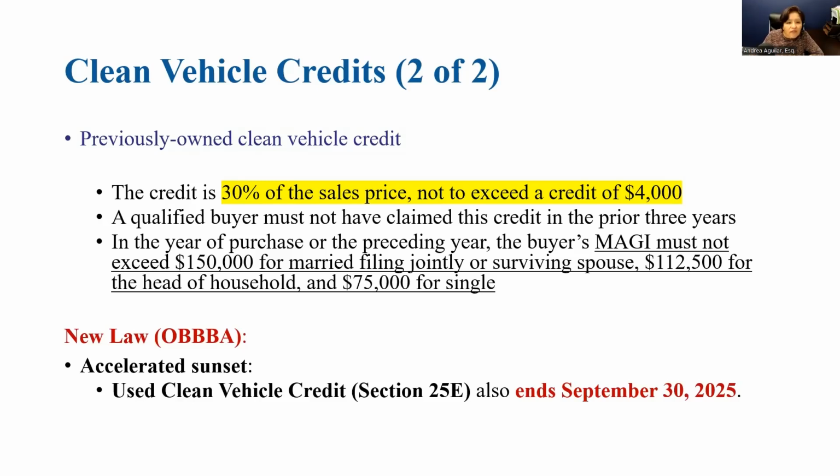This was applicable whenever a buyer was purchasing this type of vehicle, and they were qualified to receive 30% of the sales price, not to exceed $4,000. There were limitations related to their modified adjusted gross income, MAGI. But because of OBBA, this provision is also set to expire on September 30, 2025.